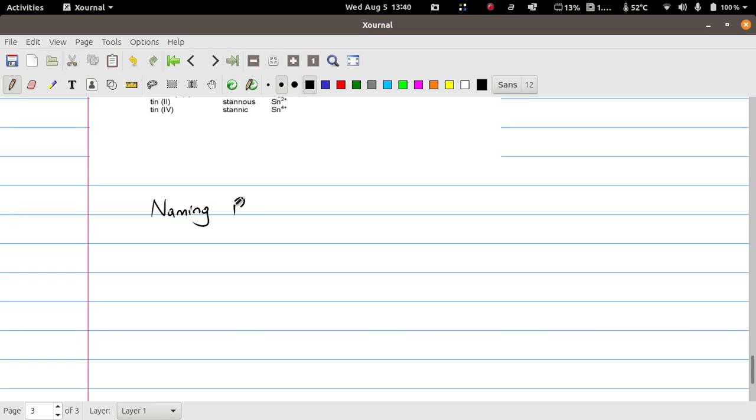So naming rules. Super, super easy. Step 1: name the substance on the left as it is on the periodic table.